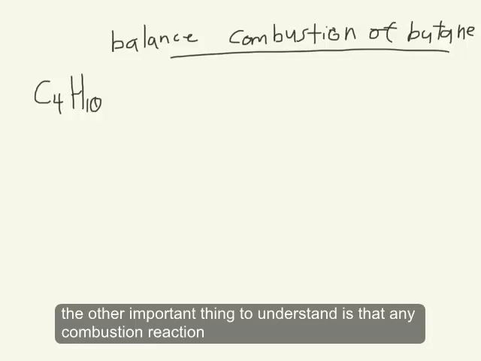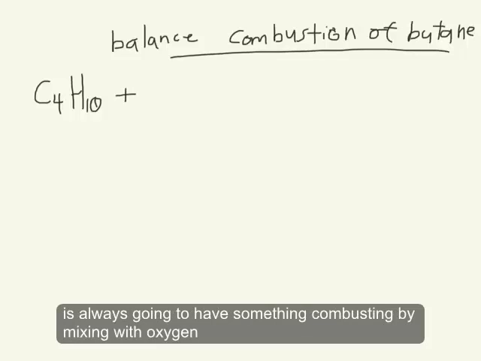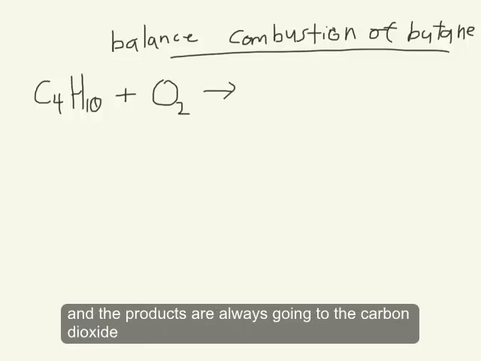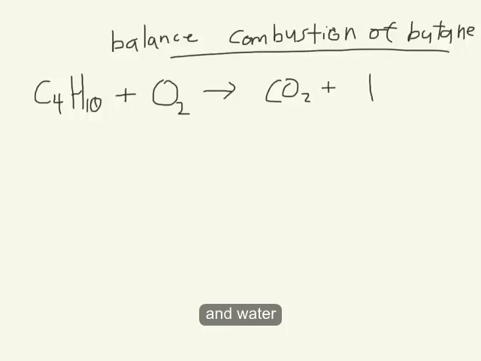Then the other important thing to understand is that in a combustion reaction, you're always going to have something combusting by mixing with oxygen, which is diatomic in its elemental state. And the products are always going to be carbon dioxide and water.